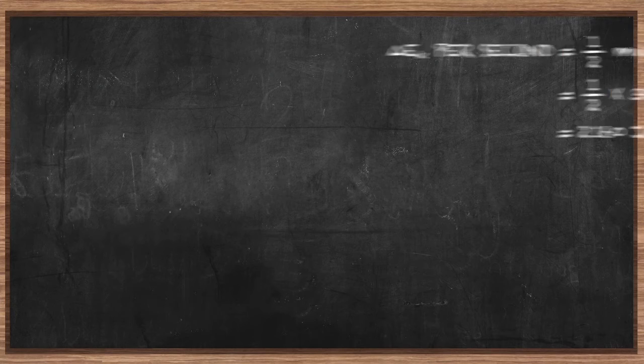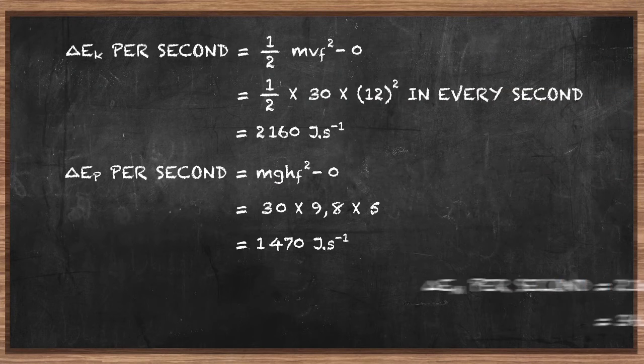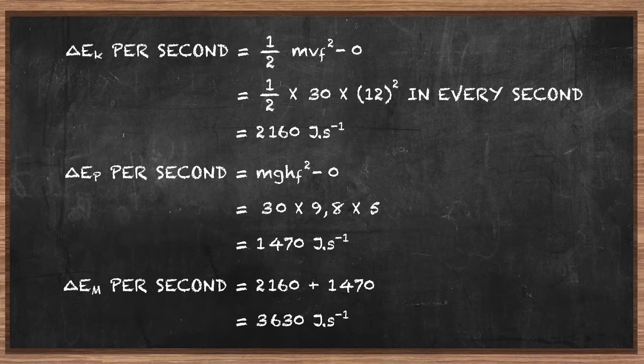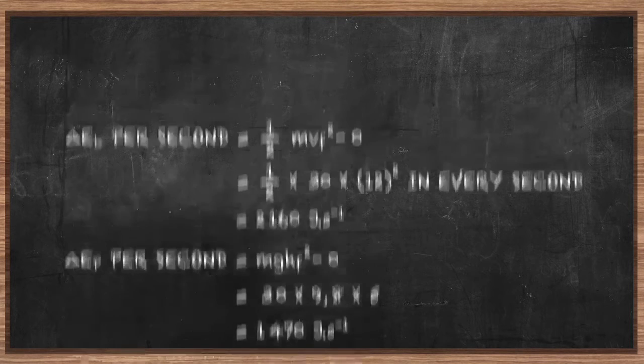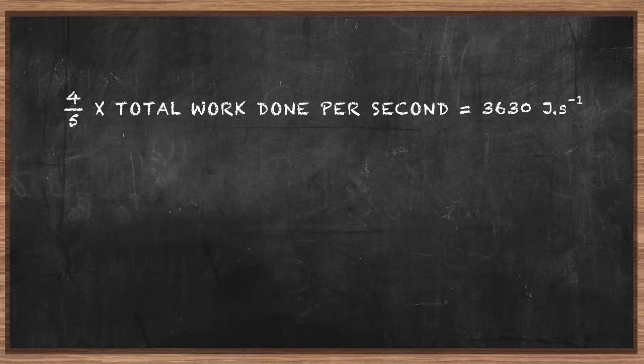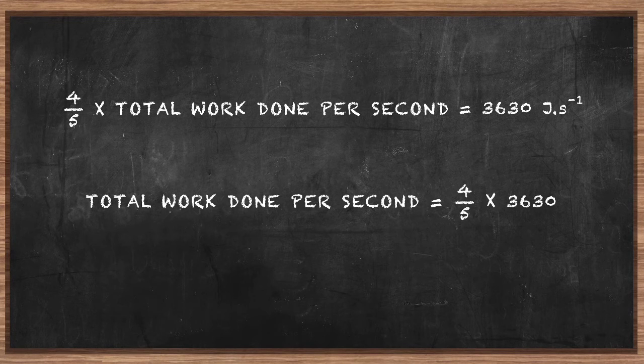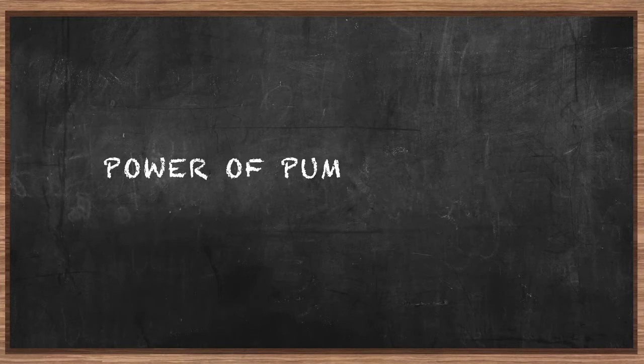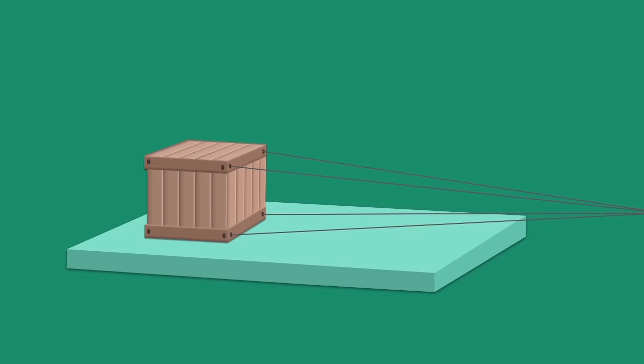We did each calculation separately, then added them together to get the change in mechanical energy per second. Finally, we included the work done per second by friction and calculated the total work done per second. And since work done per second is power, we had calculated the power of the pump. Strategy? Keep it simple.